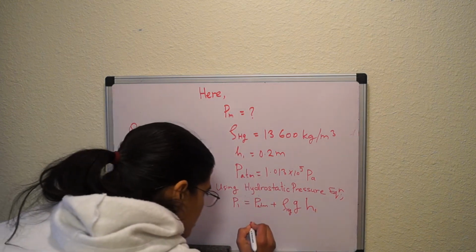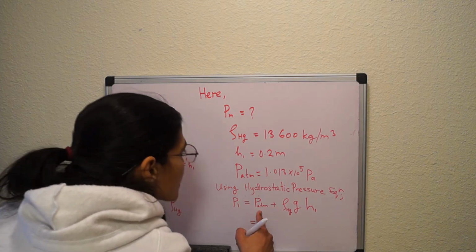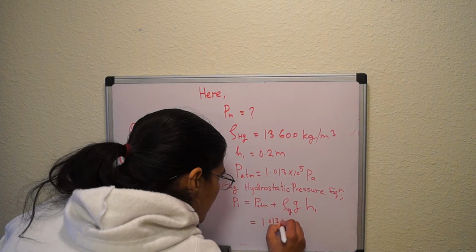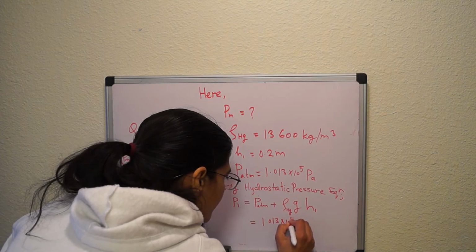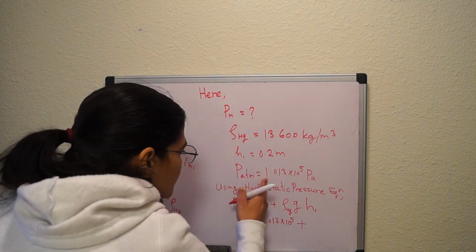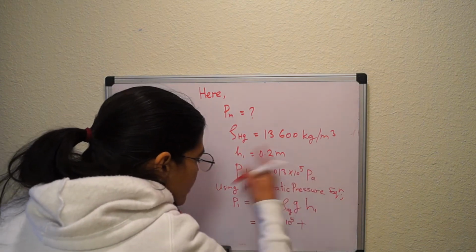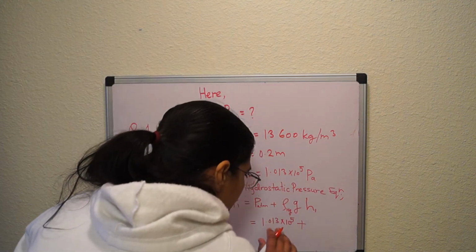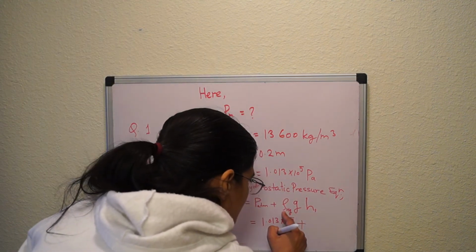Now we want to write the values here. What is the atmospheric pressure? 1.013 times 10 to the power 5 Pascal, plus, g is not given to you in the equation, but by now you should be familiar with it, or at least you will be given it in the equation set. That's the constant. So plus, what is the density of mercury here?